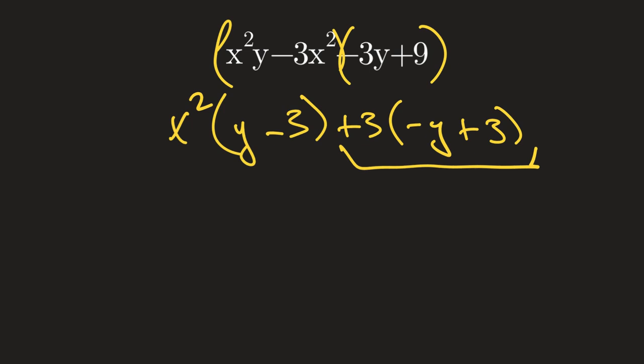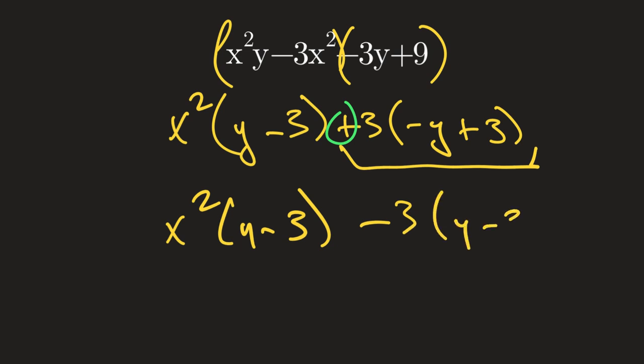If I could just flip those signs, we would be good. So how we do that is we use the negative 1 trick. All I'm going to do is take that positive right there and make it negative. And then that would allow you to flip those signs.